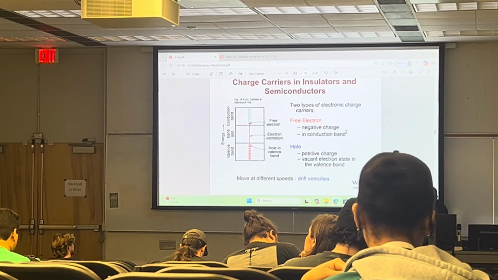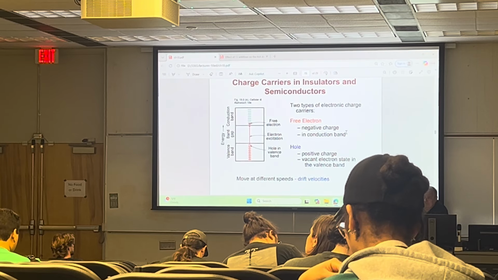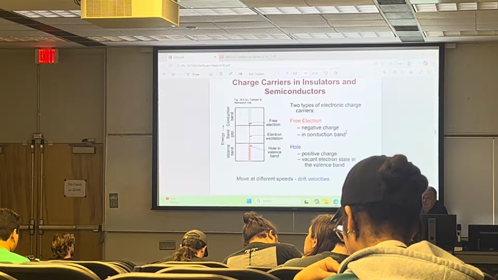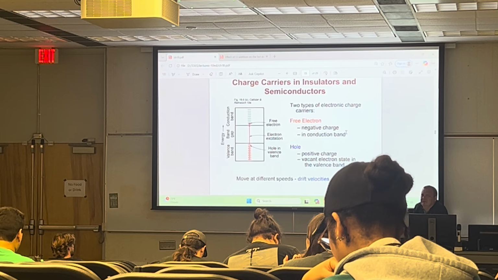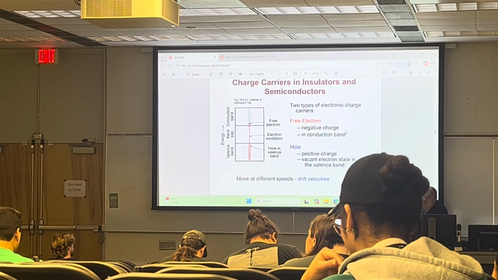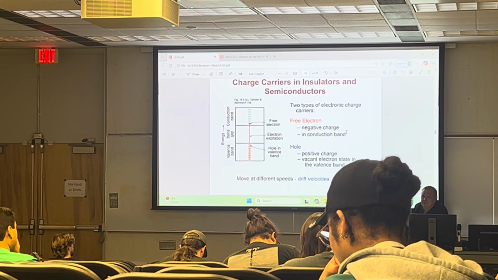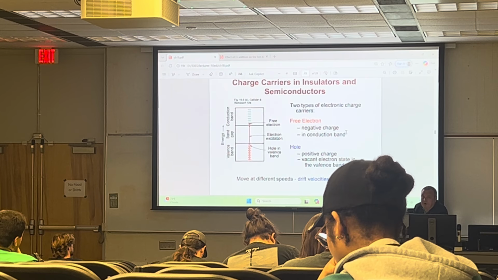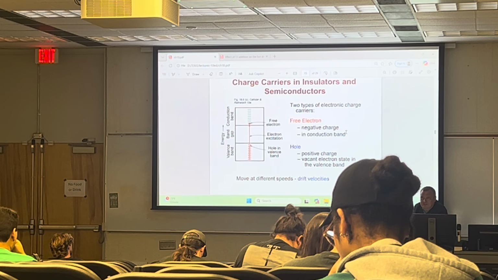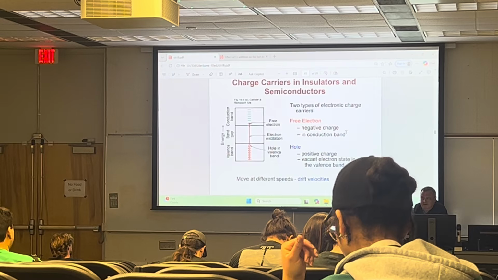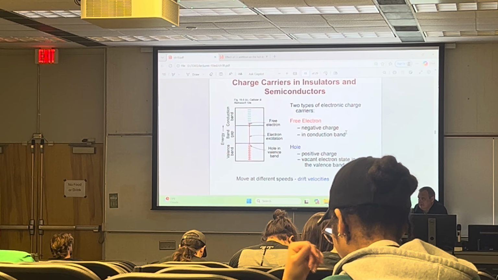And can you imagine that this doesn't happen instantaneously, right? They would have to physically move, right? And we treated electrons as both particle and what else? A wave, right?